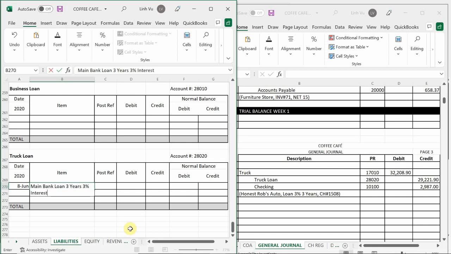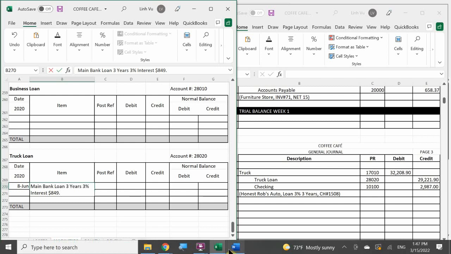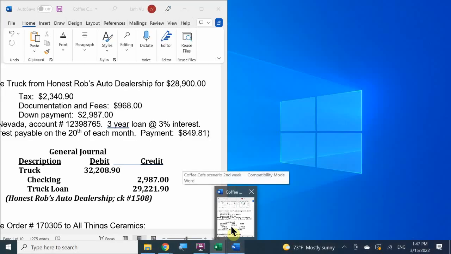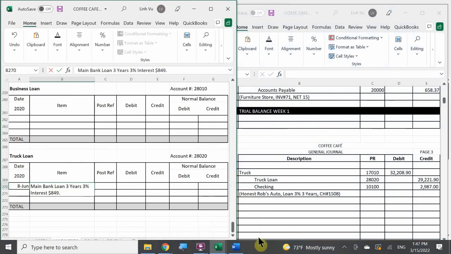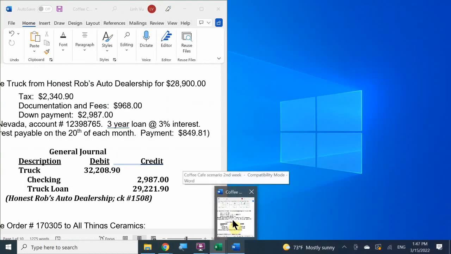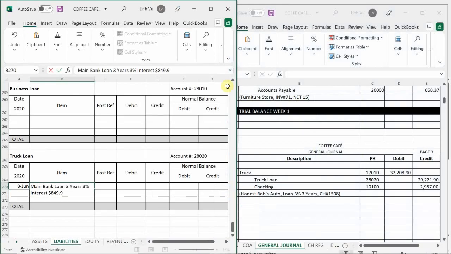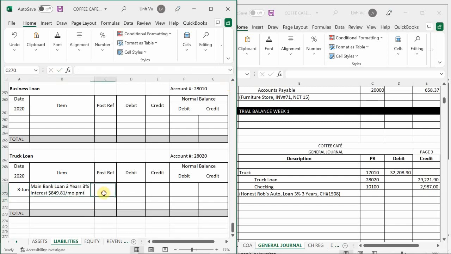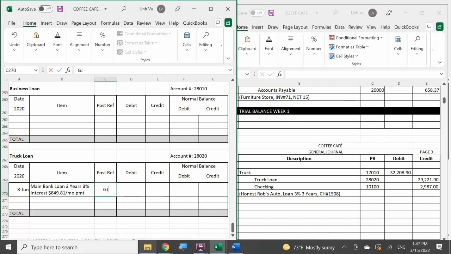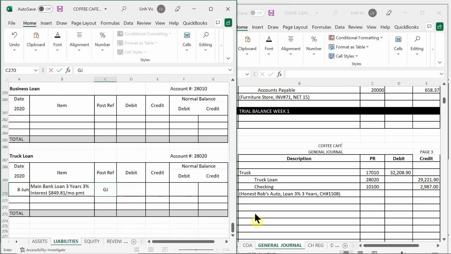And you can also even put in there $849 and 81 cents per month payment. And of course, post reference once again, it's going to be page 3.